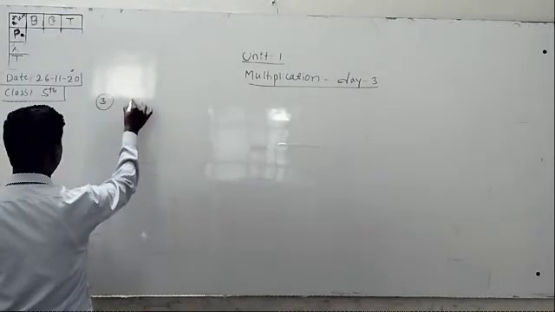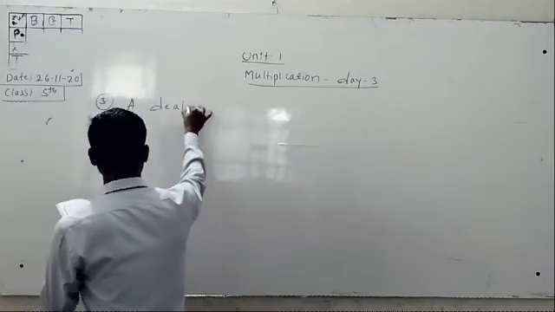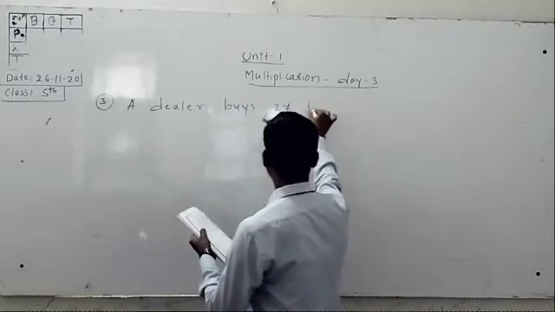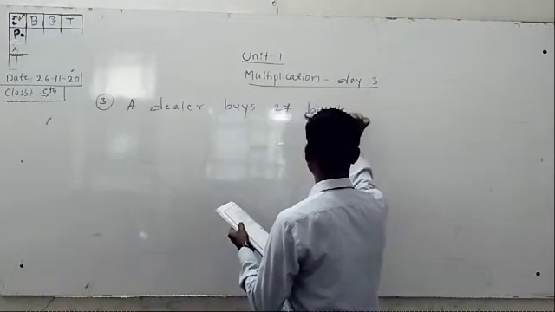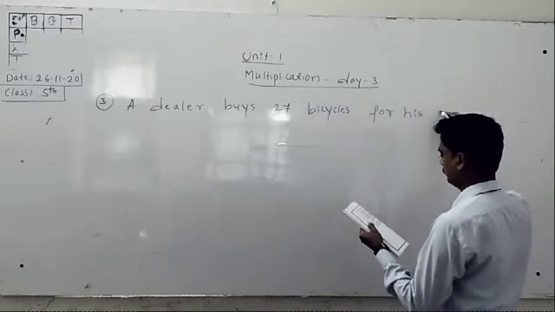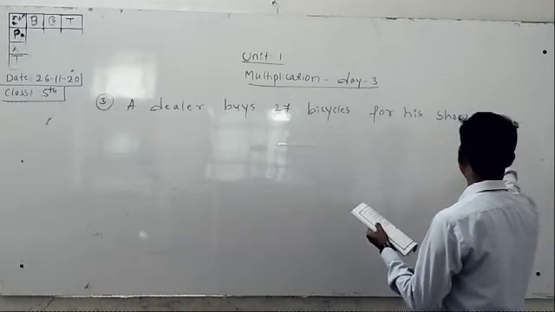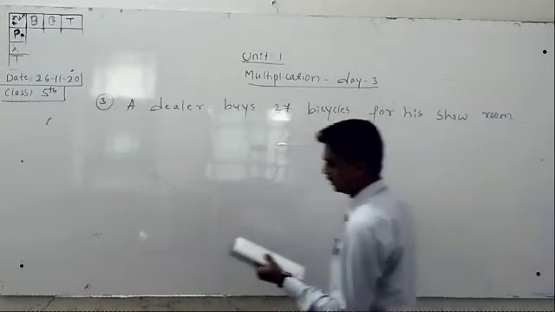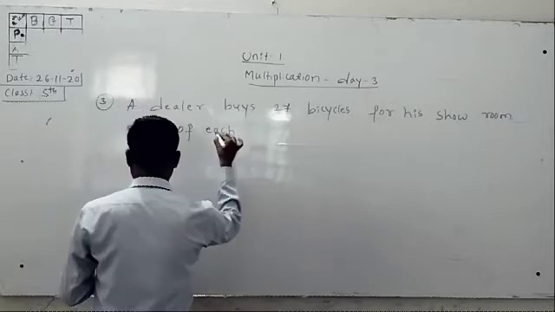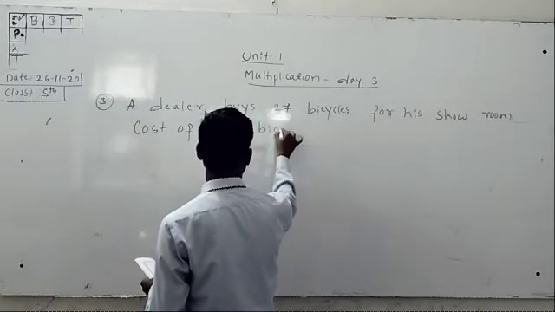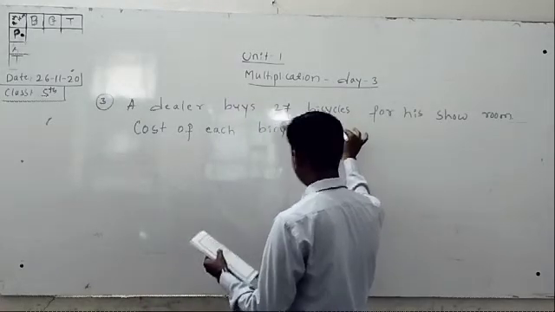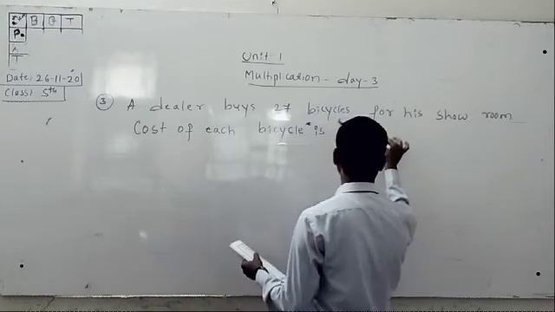Third problem. A dealer buys 27 bicycles for his showroom. Cost of each bicycle is rupees 2067.